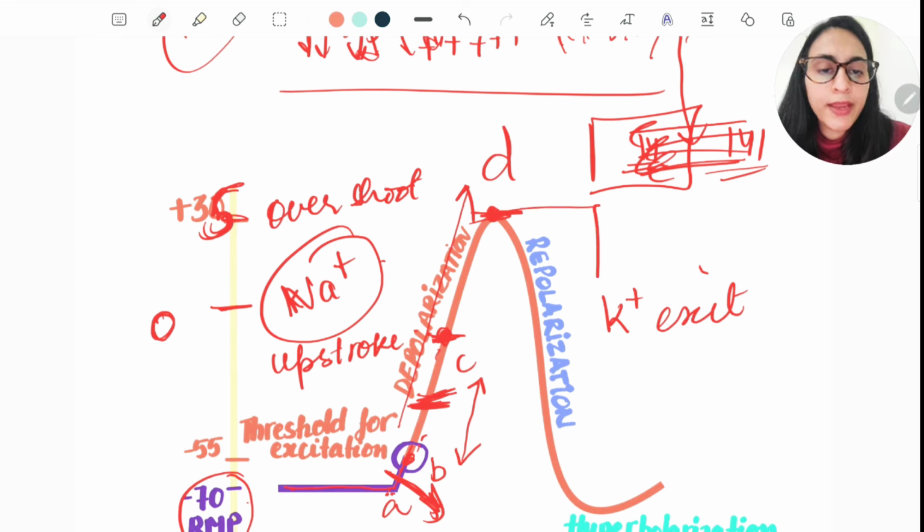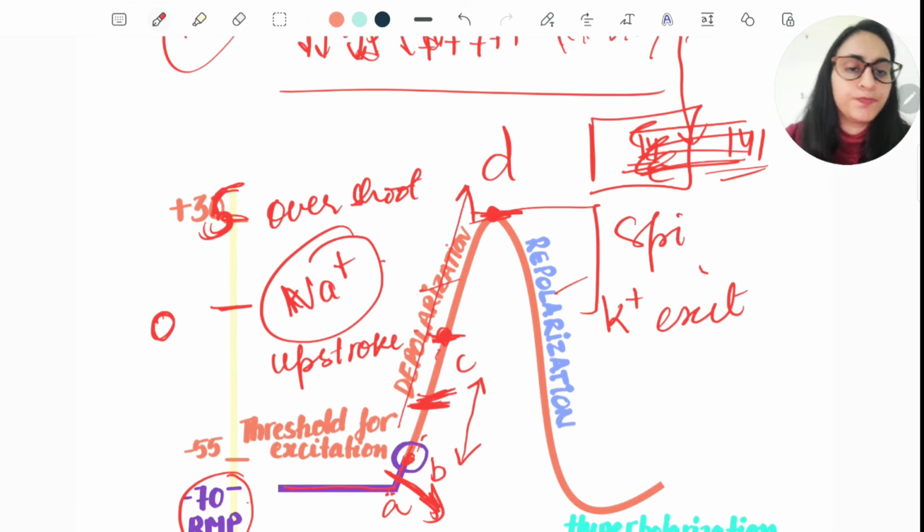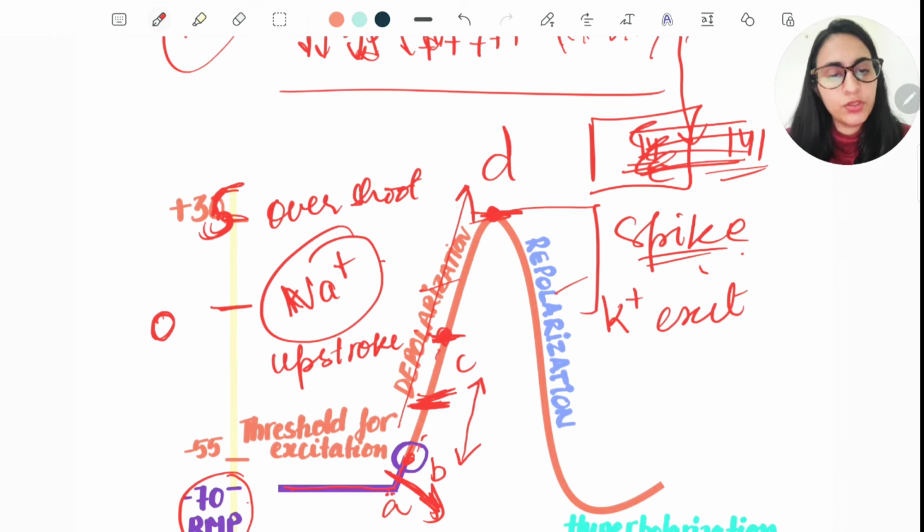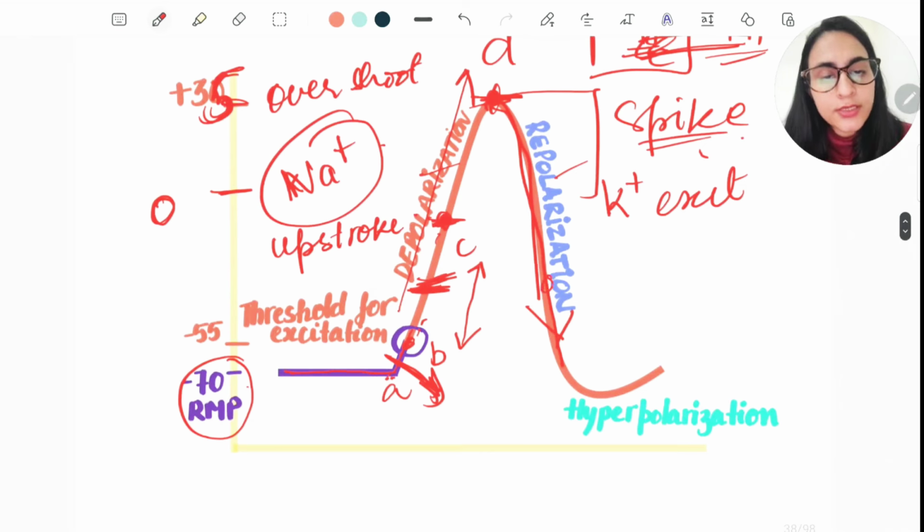This particular spike consists of depolarization as well as repolarization, a combination of both. Then what happens after point D? There is more potassium going outside the cell, and that is why there is a sudden downfall in the repolarization. After a certain point, we have a term known as after depolarization.